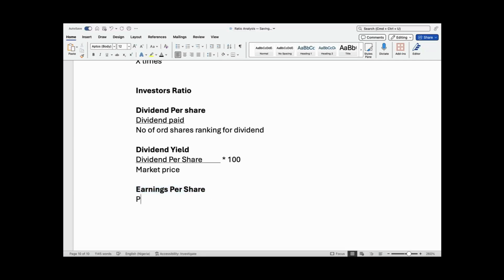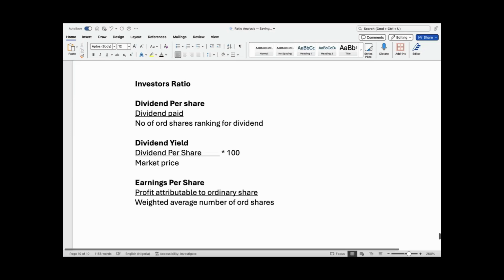So majorly it is profits attributable to ordinary shares divided by weighted average number of ordinary shares. That's your earnings per share.